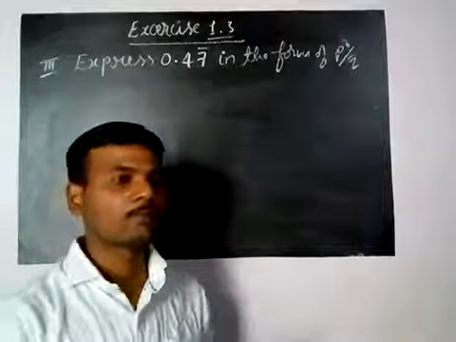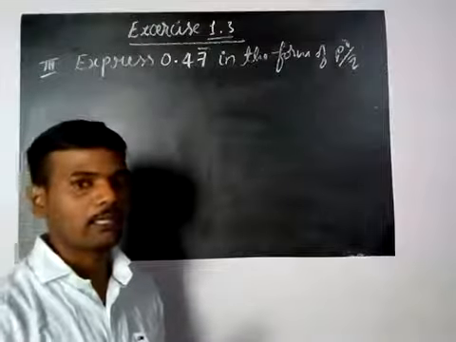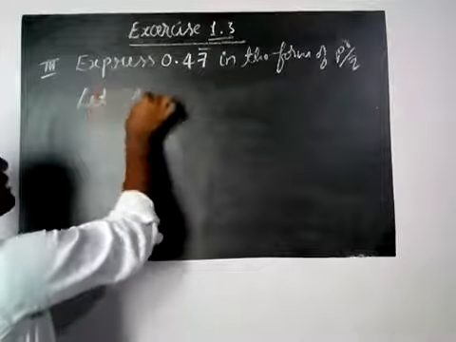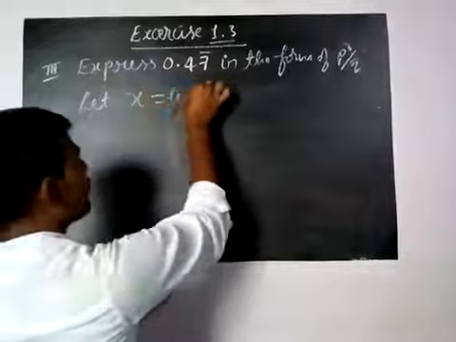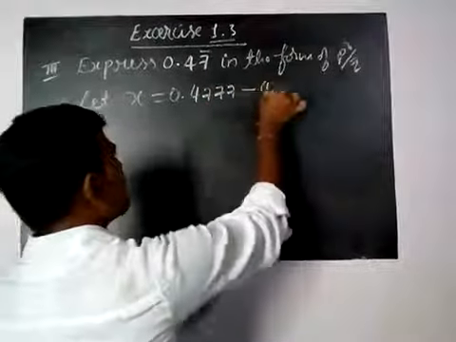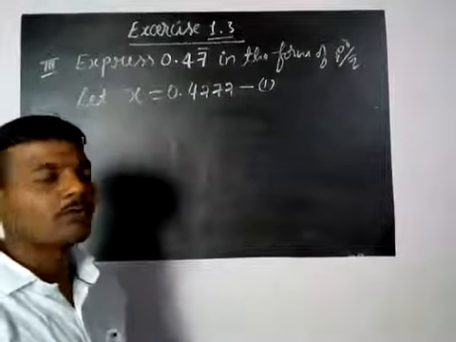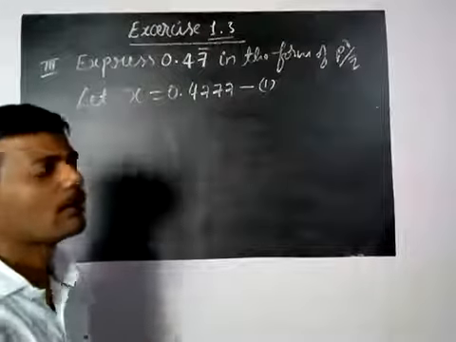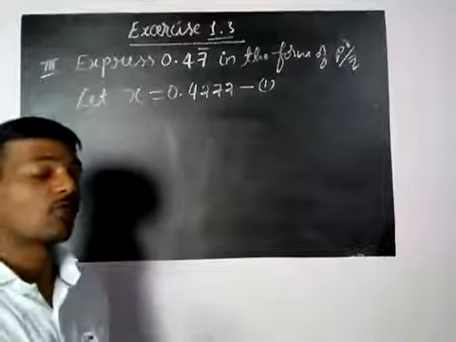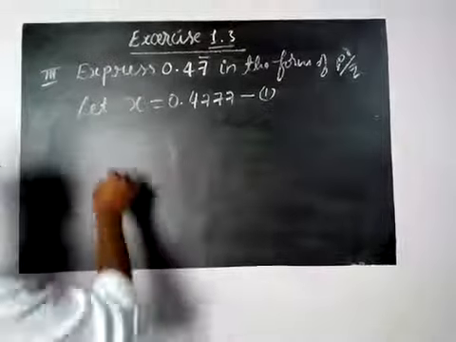So let me write 0.47 bar as x. Let x be equal to 0.4777, call that equation 1. Depending on the problem you can write the sevens. Now, which is the repeating block here? Only the 7 is the repeating block. So multiply equation 1 by 10.